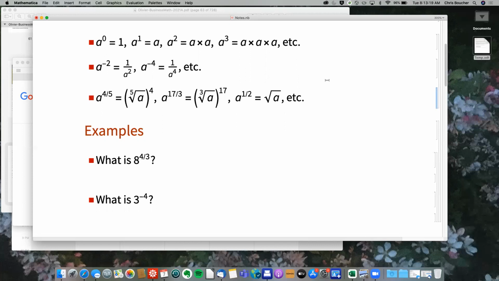And how would I figure out 3 to the 4th? So let me catch up to what Amanda just said. All right, 3 to the negative 4. 1 over 3 to the 4. And how do I figure out 3 to the 4?